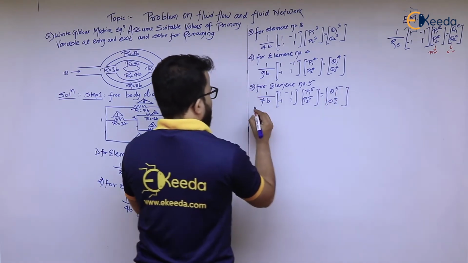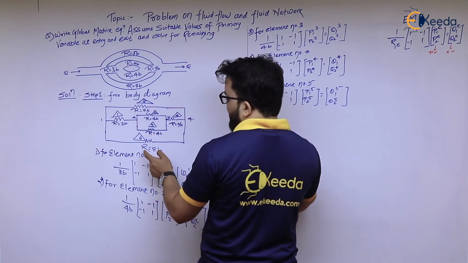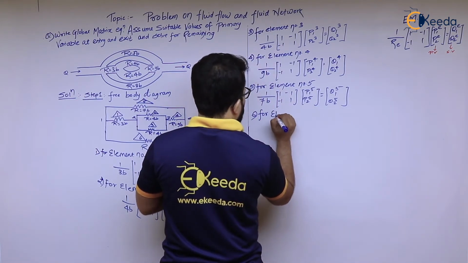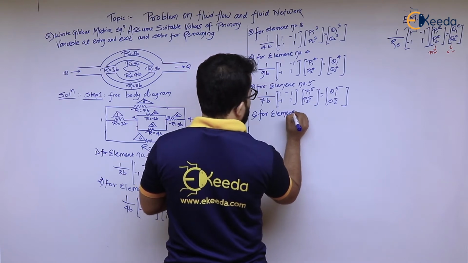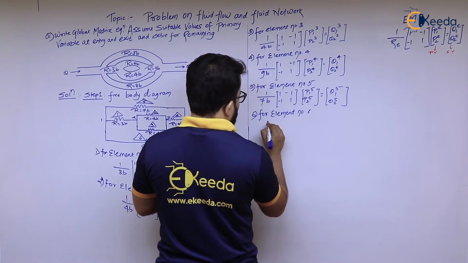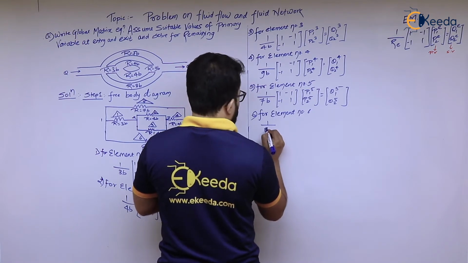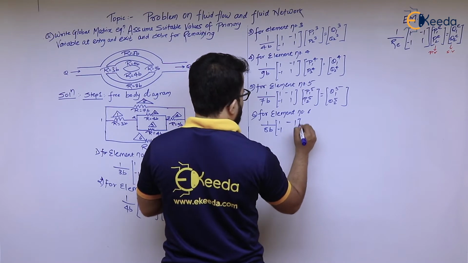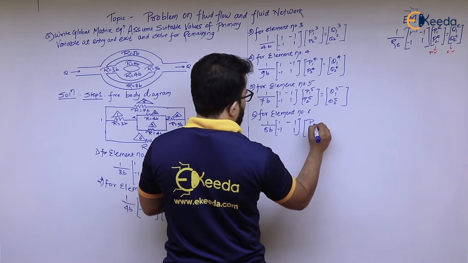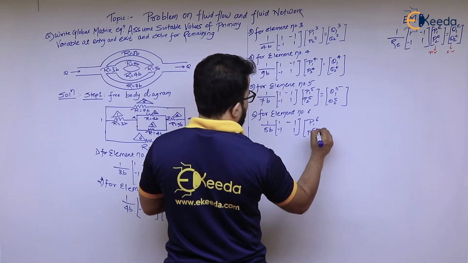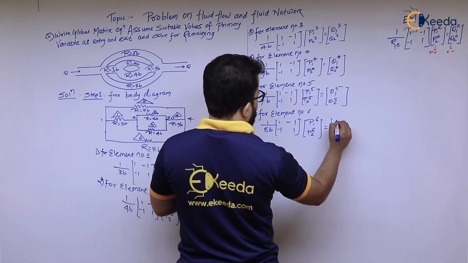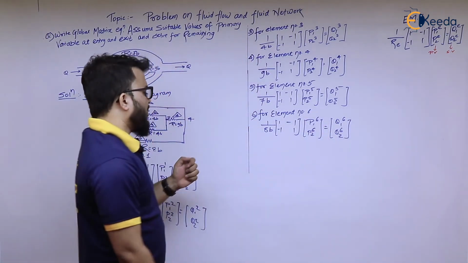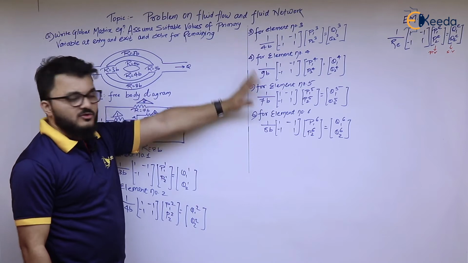Similarly for element number 6, our last element, this becomes 1 upon 8B [1 -1; -1 1] into P1 6, P2 6 equals Q1 6, Q2 6. So this is our total element matrix equations for the 6 elements.